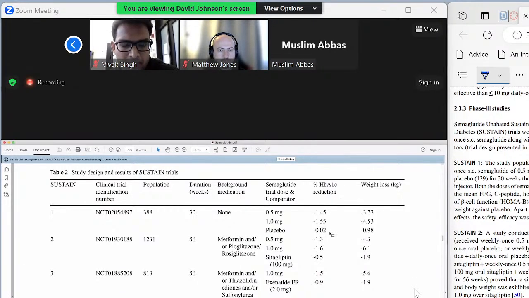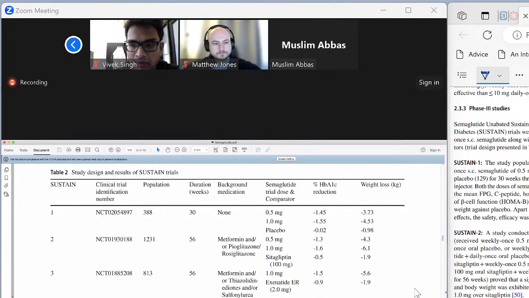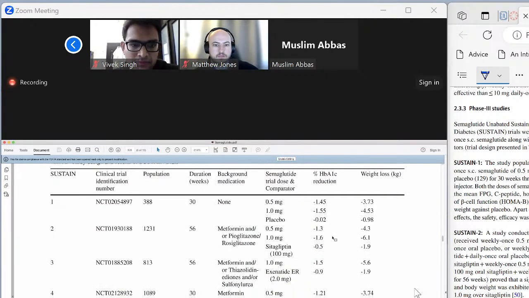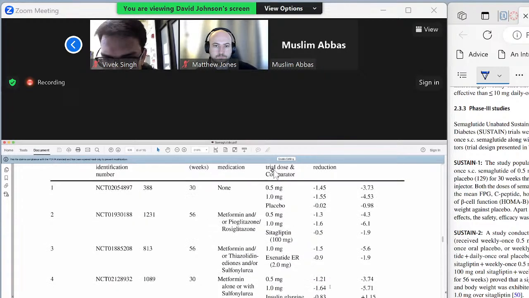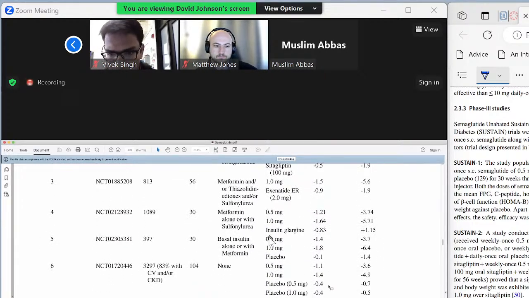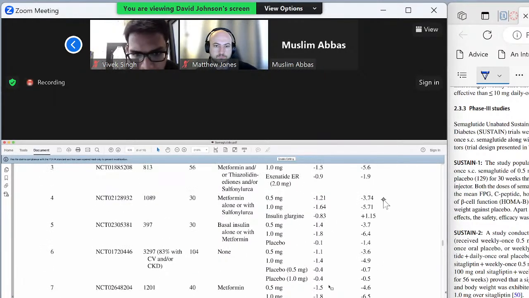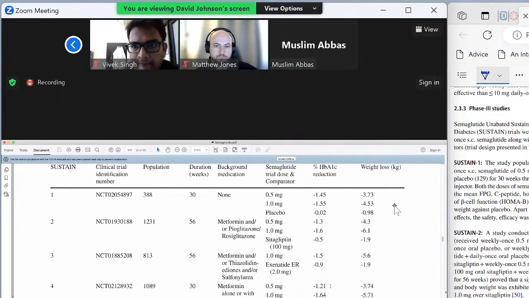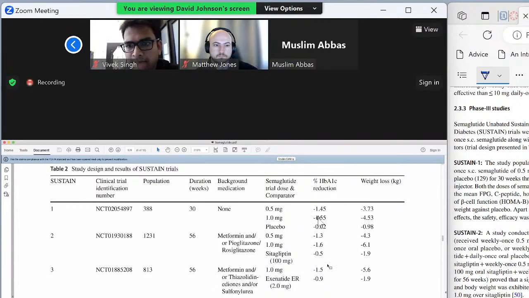And so in these studies, you can see that semaglutide was effective in all these studies in reducing A1C. You could see this is a scale of like 1 or 1.1.